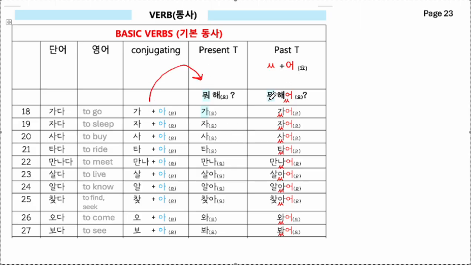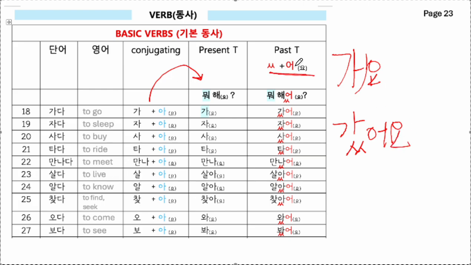Okay, past tense, you keep the stem, okay? You keep this stem right here, and then you put 았어요. So it's 가요. So you keep the stem, and to the stem you put 갔어요.